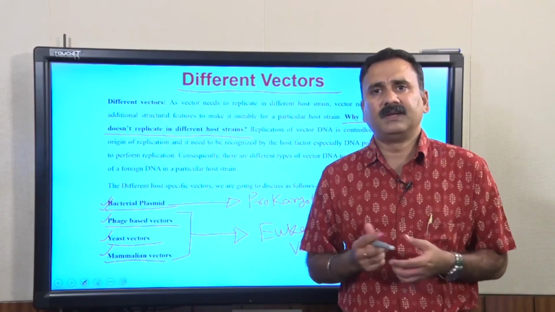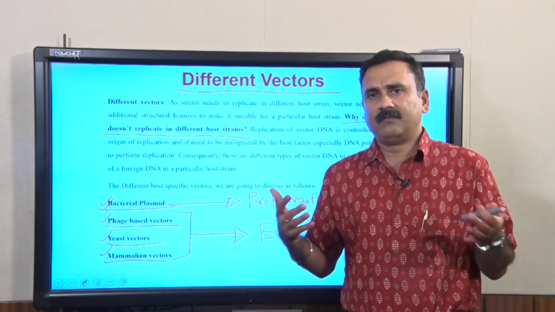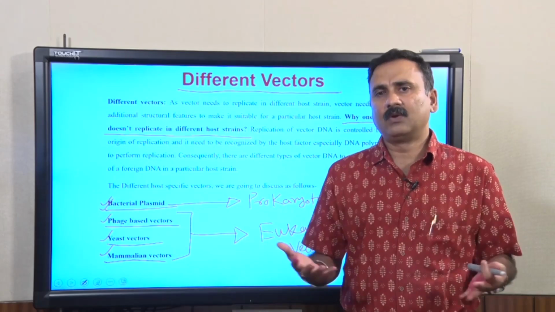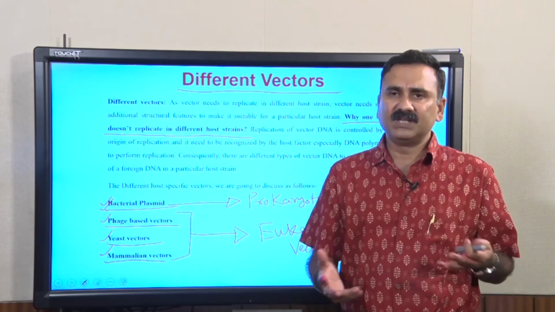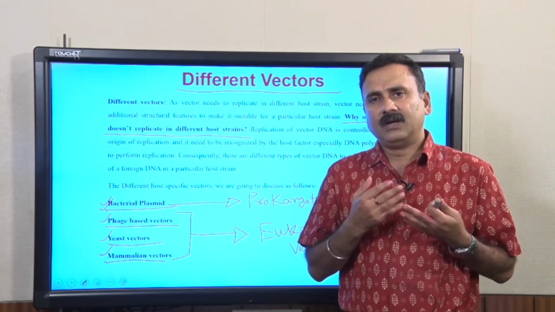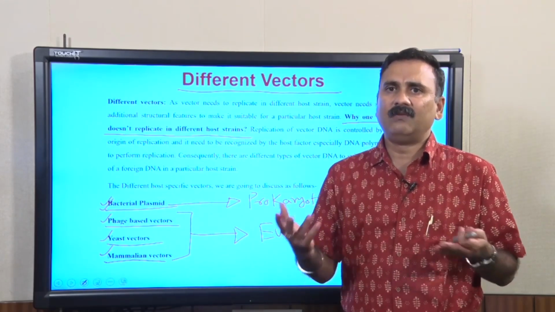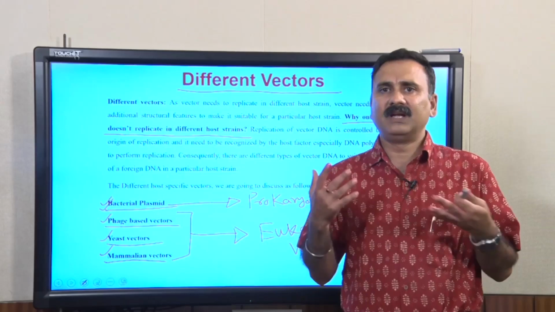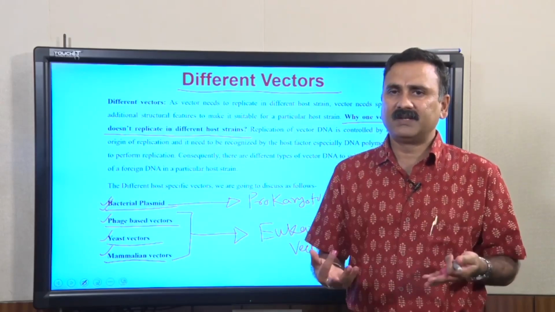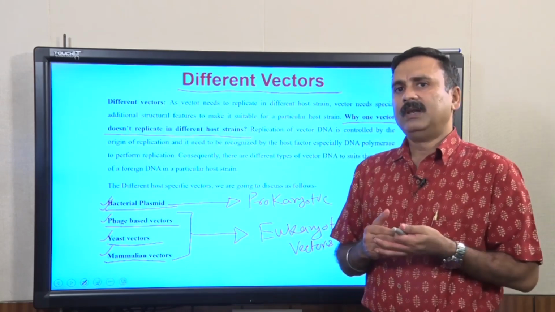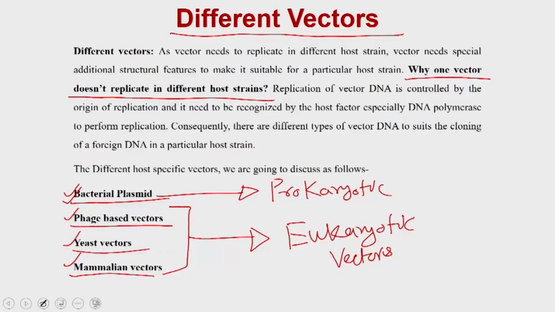We will discuss probably one or two representatives of each class, and only their features. There is no end of the plasmids or other kinds of vectors which people have developed for these host strains, and it is almost impossible to discuss all of them. So let us start with the bacterial plasmids.